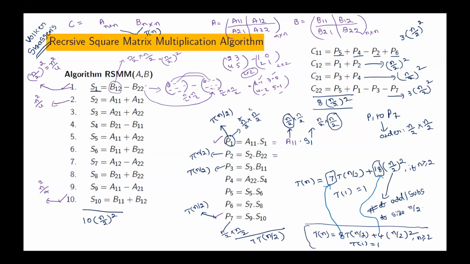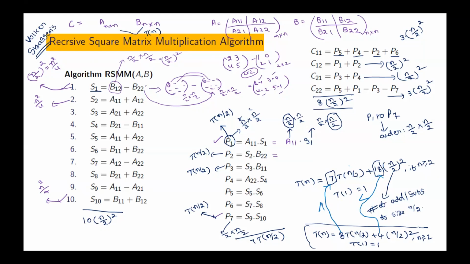This is an increment, this is more, but this is less. That means in order to reduce one multiplication, he has increased the number of additions and subtractions he is performing in the algorithm. But fortunately, because additions and subtractions are less costly compared with multiplication, he was able to get an overall gain.